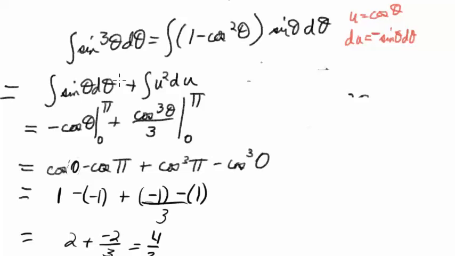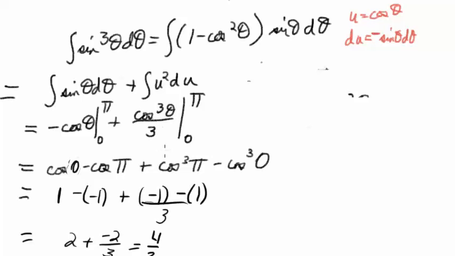Then the negative cosine squared theta times sine theta d theta becomes negative du. Negative negative becomes positive, and then the cosine squared theta becomes u squared, so we got the integral of u squared du. The integral of u squared is u cubed over 3, which becomes cosine cubed theta over 3.